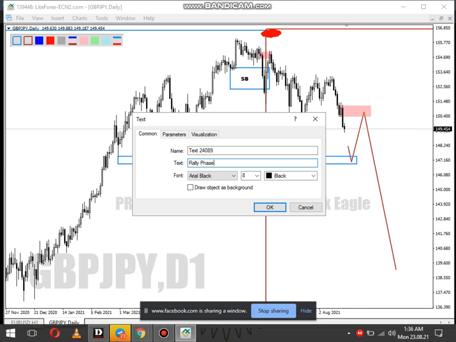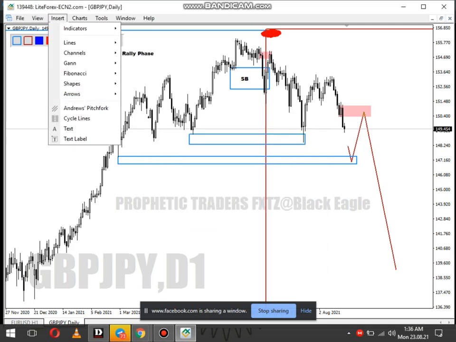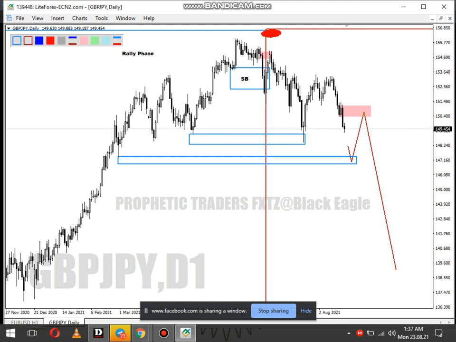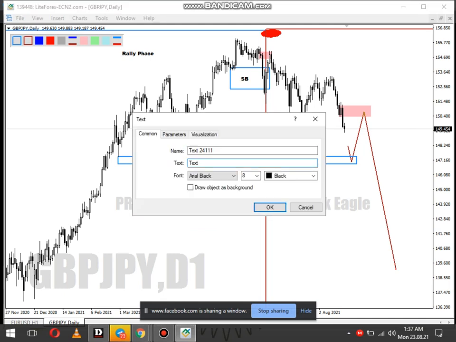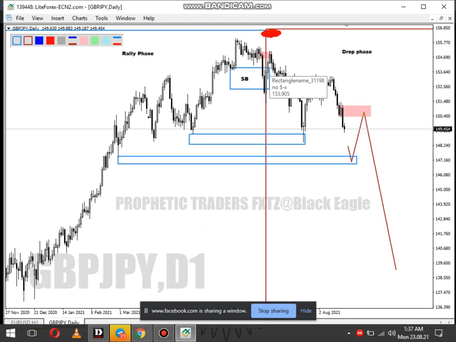This is the drop phase, drop phase. So when price is in the drop phase, we know it.